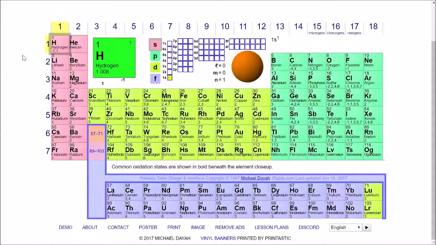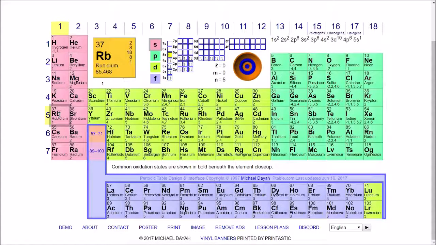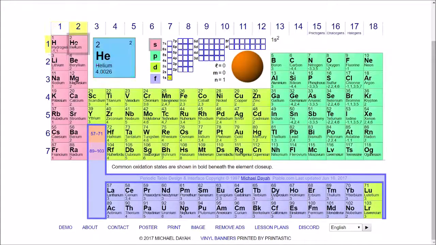If you make your display full screen, it may be more visible. Group 1 has hydrogen, lithium, sodium, potassium, rubidium, cesium. Next is group 2, where the oxidation number is written at the bottom, like beryllium. For magnesium and calcium, their oxidation number is 2.